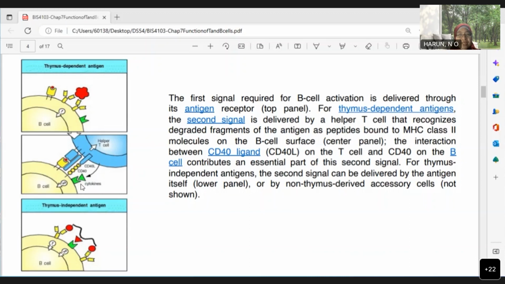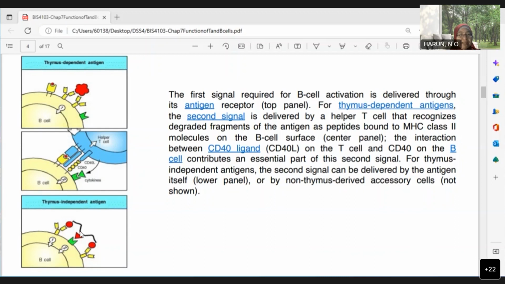Whilst for the second one, the thymus-independent antigen, the second signal can be delivered by the antigen itself, or by non-thymus-derived accessory cells, not shown here. So as you can see, these are the steps.